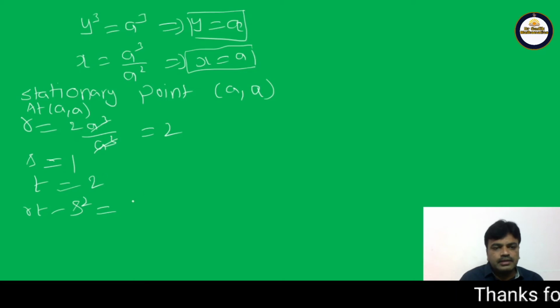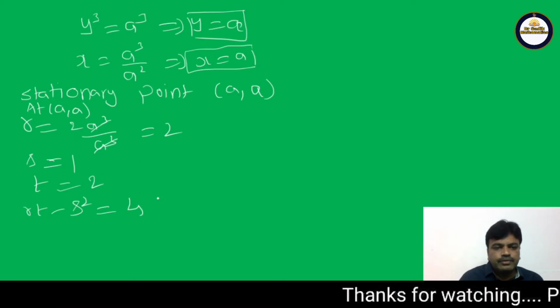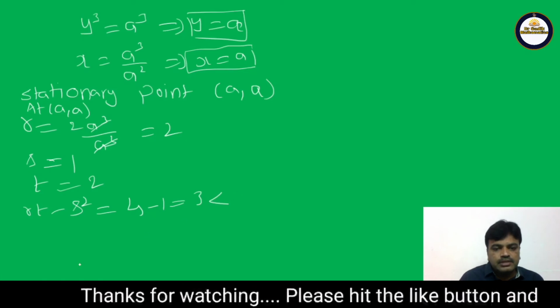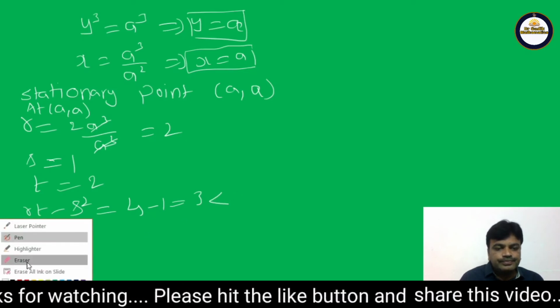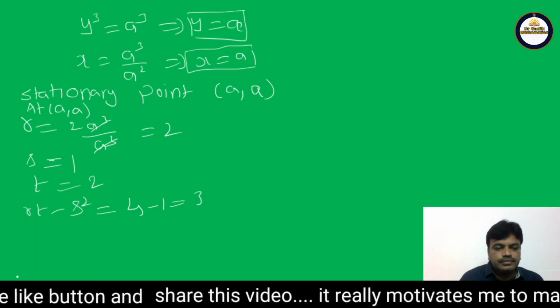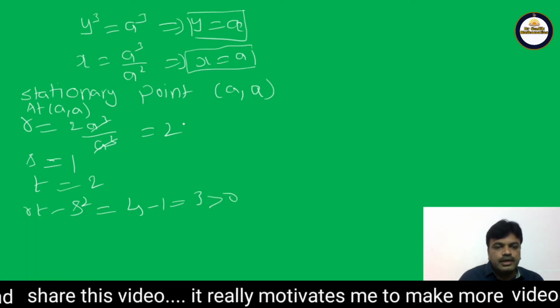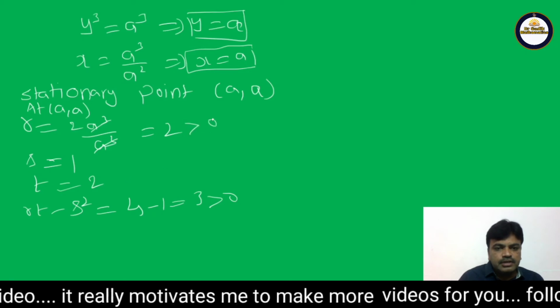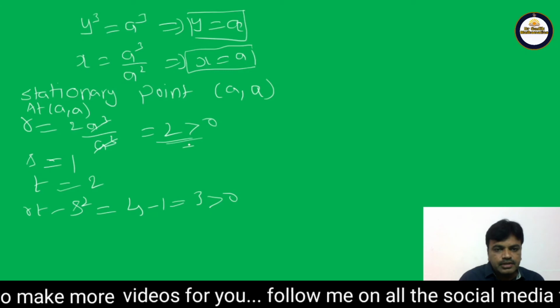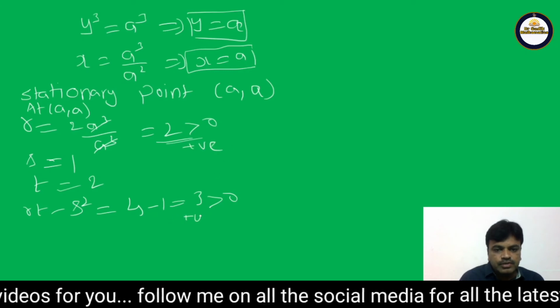So, we check the condition of rt − s². That is equal to rt, 4, minus s² means 1. So, we get here 3. rt − s² value is greater than 0. The r value is also greater than 0, friends. This is positive, this one is also positive.